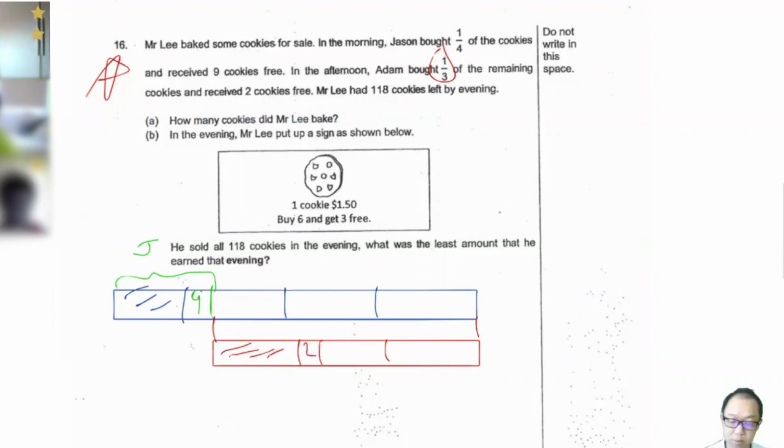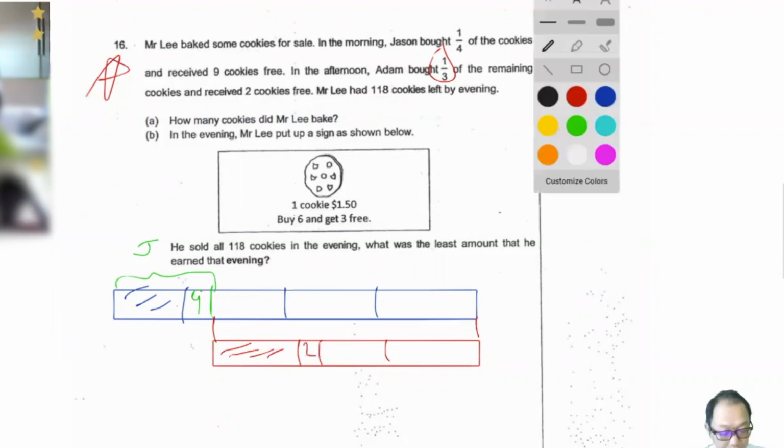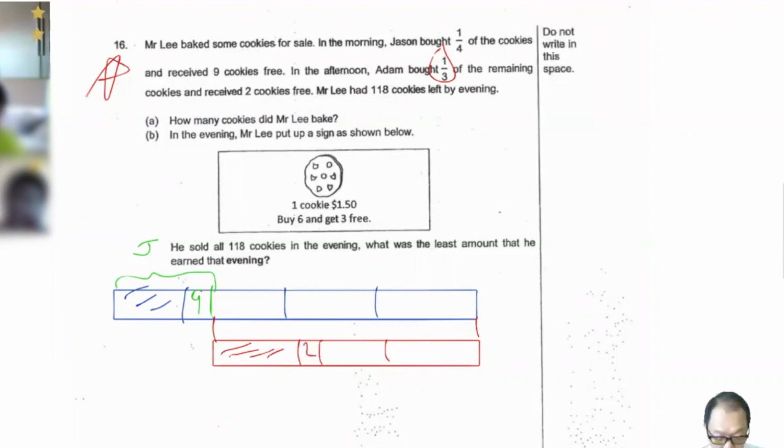Then Mr. Lee had 1/8 left. So what happened to this 1/8? I have to drop down again. So this is a triple drop down remainder concept. The leftover is here.